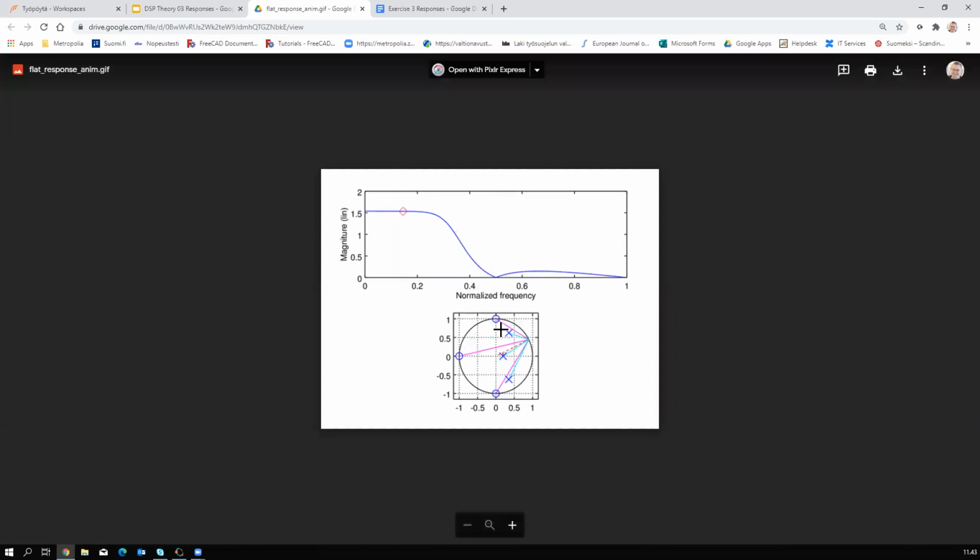So this resembles a bit the analog Butterworth filter, which is used quite often in analog audio electronics, since it has a flat passband and doesn't distort the frequencies so much.